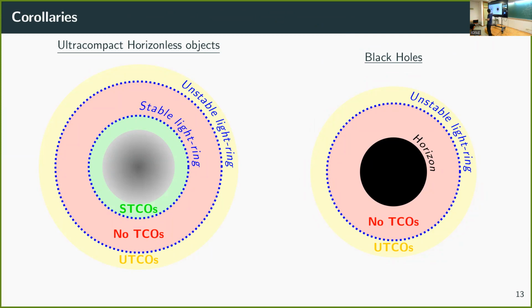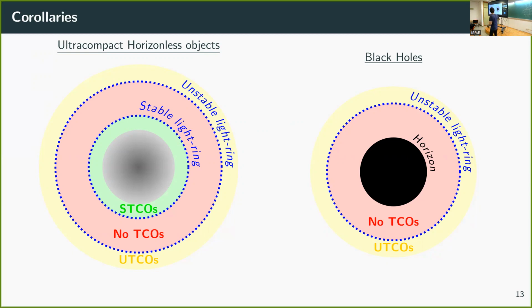In order to have a different type of structure between the light rings, without this region of no time-like circular orbits, you need more light rings. Yes, that's the idea. So this basically shows that the region between the light rings is always a region without time-like circular orbits, when you have an inner one that is stable and the outer one that is unstable.